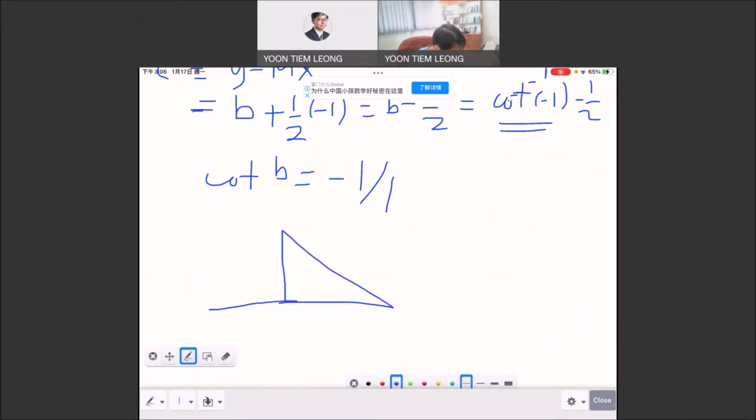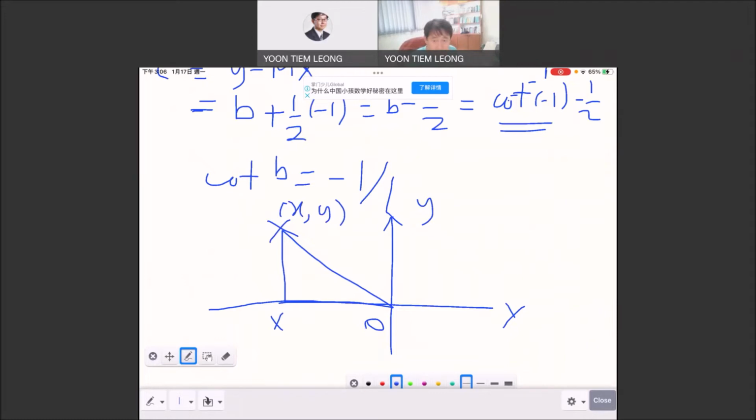So let me construct an xy plot. This is x, this is y, and this is a point in the second quadrant of the xy plane. Here the value of x is negative, right? So if you have a coordinate of x and y, then the y coordinate here is positive and the x coordinate is definitely negative. In that case, let me define my B like this.